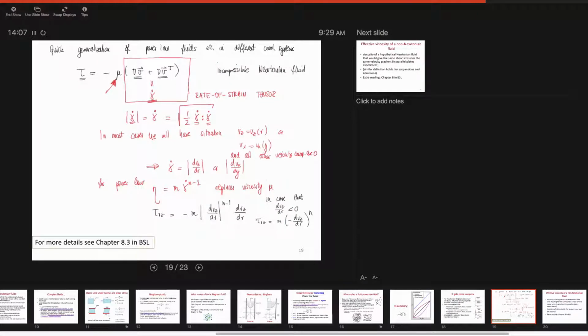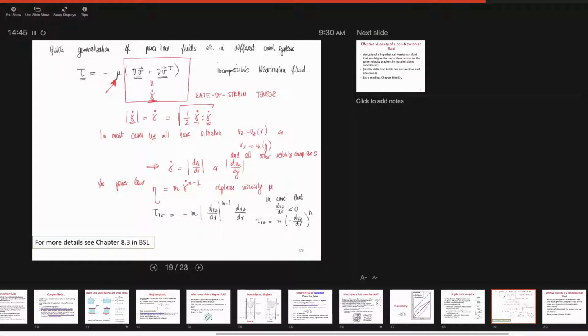Now, just to tell you where this shear rate terminology came from, and how I can quickly generalize this to a more three-dimensional situation and not just a relationship between the two. Now, if I had my tau tensor, okay, I know it depends on my Jacobian of velocity and its transpose.